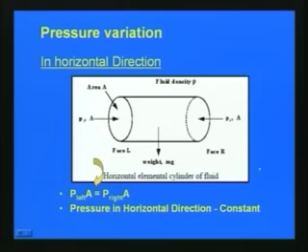Similarly, if you consider the pressure variation in the horizontal direction, here a horizontal fluid element, a cylinder of fluid, is considered.